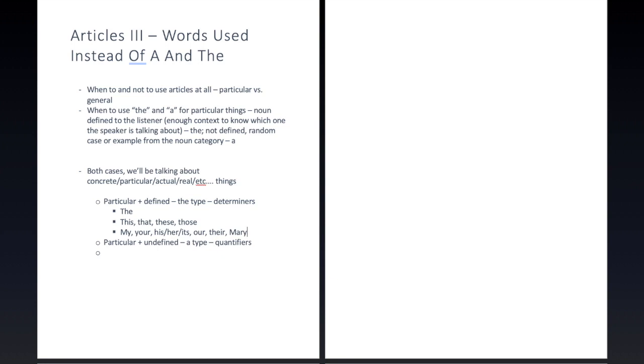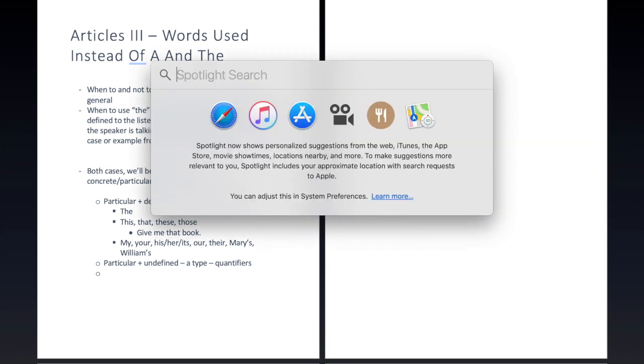So if you say Mary's or William's, these are also actually examples of this type of word. And again, they'll be used in place of the. So you can say, give me that book, or give me the book.